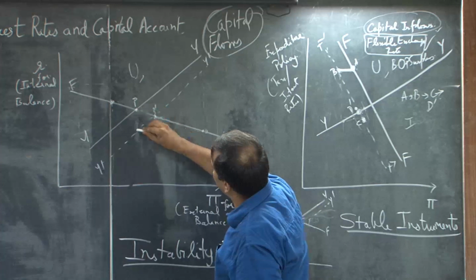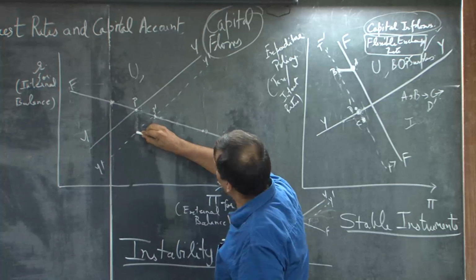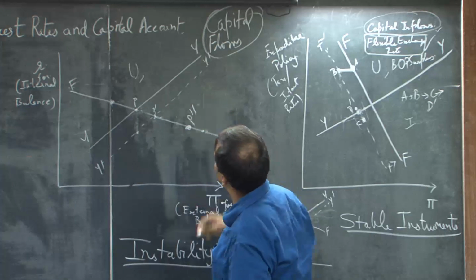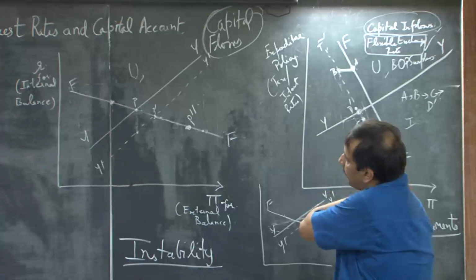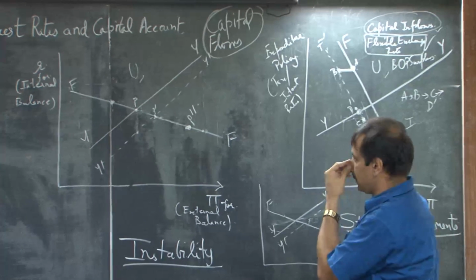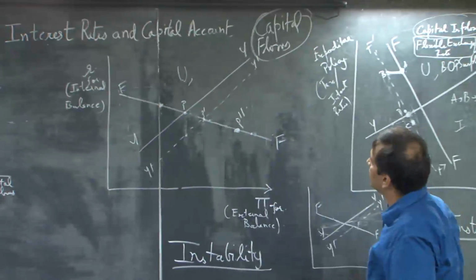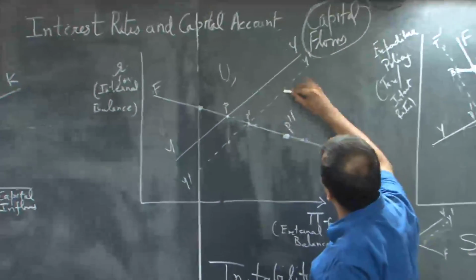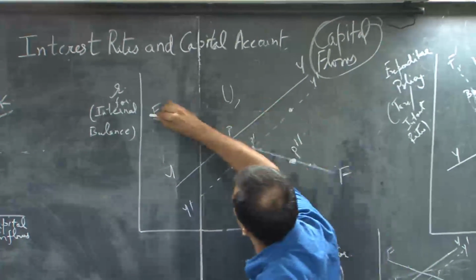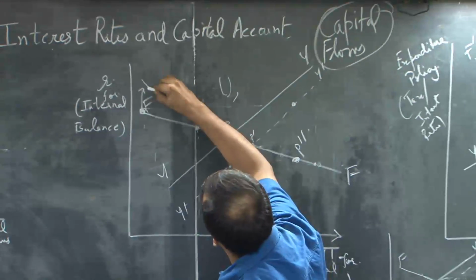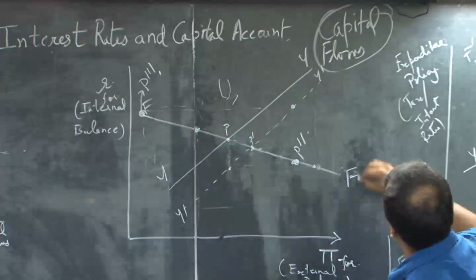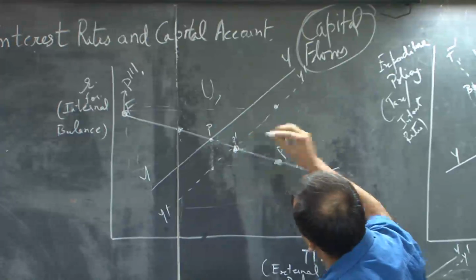Less restrictive expenditure policies, but you cannot come to the Y dash, you come to a point like P double dash. This is below the Y dash curve, so you have inflation. If you have inflation, more restrictive expenditure policy, you cannot come to this point, so you move to a point which is P triple prime. And this goes on, you will never reach a point like P dash.